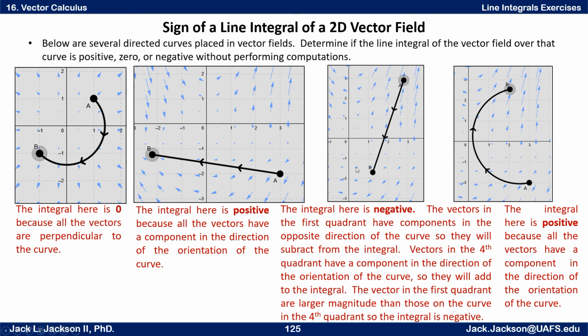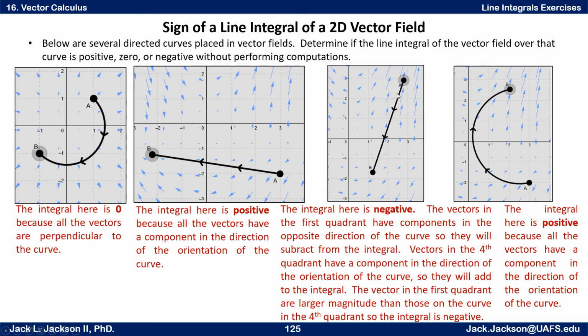So if you just integrated from the x-axis point down to here, we would get positive because at least a component of the vector is pointing in the direction of the curve. However, if you look at the first quadrant, these all have components that are going opposite the direction here.